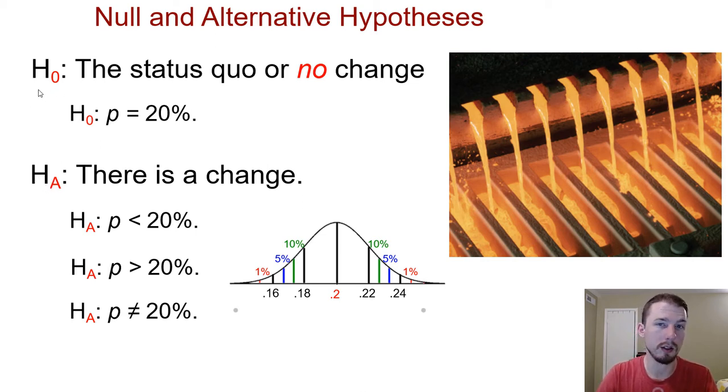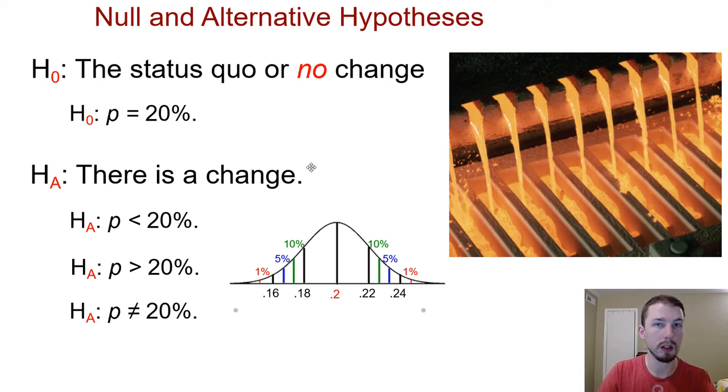Now, in this case, our null hypothesis is that there's no change, which would mean that the true proportion is still 20%, because that's what it used to be. So we're going to assume there's no difference until we have enough evidence to say that there is. Now, in this case, there are 3 different alternative hypotheses you could choose from. You could say that the proportion is less than 20%, or that it's more than 20%, or that it is just different.